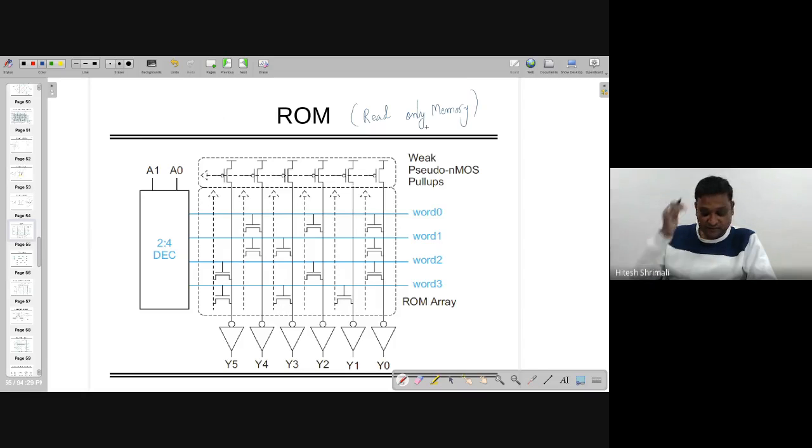And you can see that this is one of the easiest ROMs which has been designed over here, where it requires a 2 to 4 decoder, and this is designed for the case that the way the structure has been made, it's known as NOR ROM.